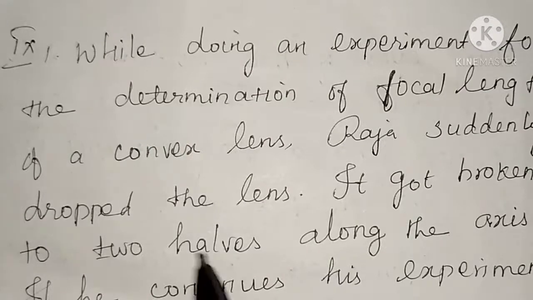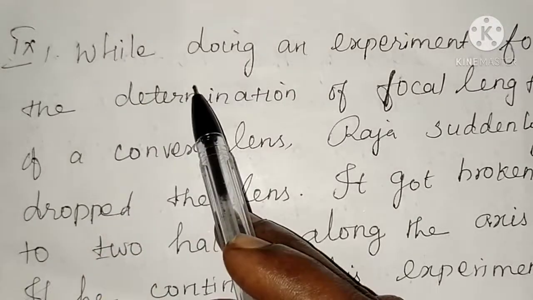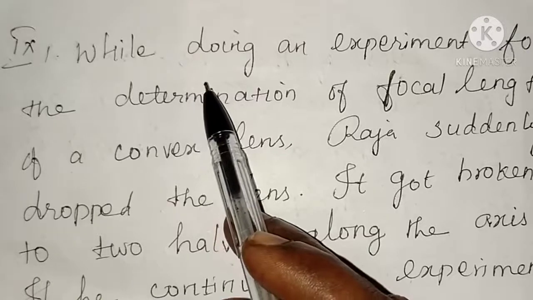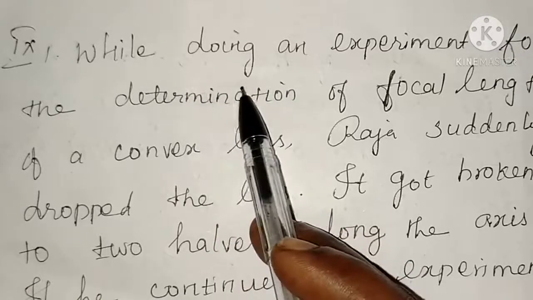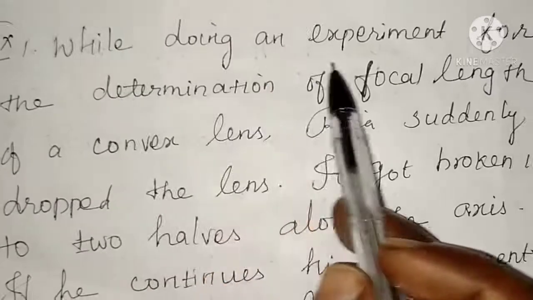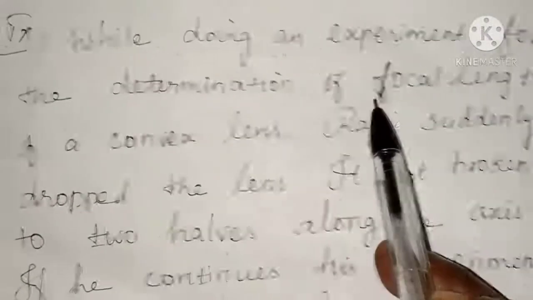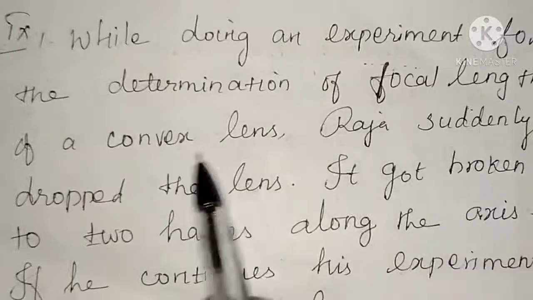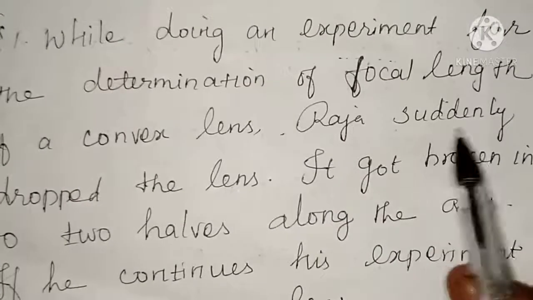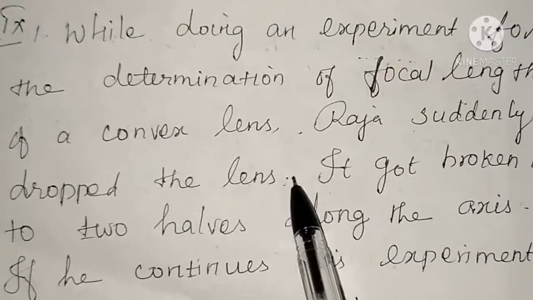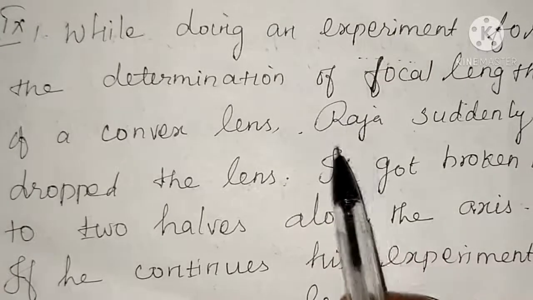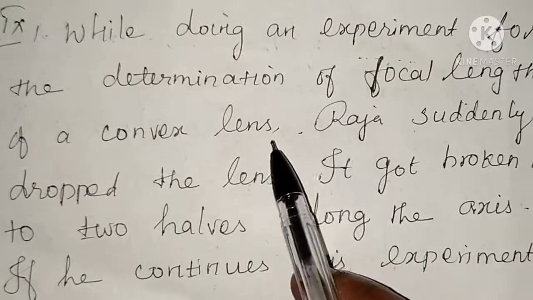Next you are going to write Roman letter 9, question number 1. This one is a higher order thinking question. While doing an experiment for the determination of focal length of a convex lens, Raja suddenly dropped the lens. Which type of lens? Convex lens.